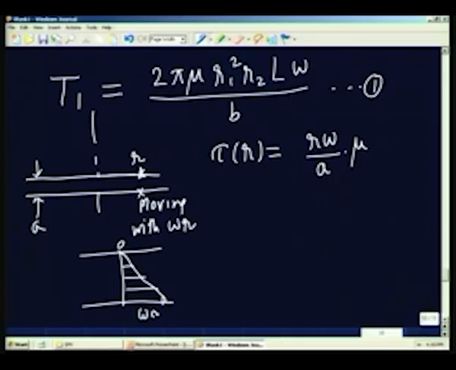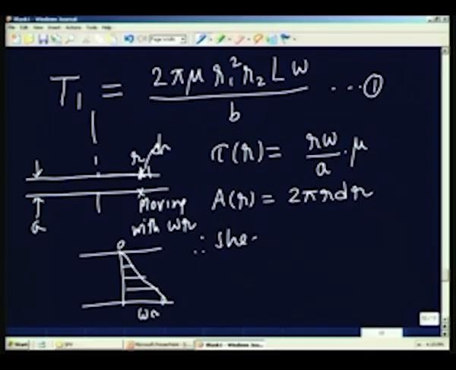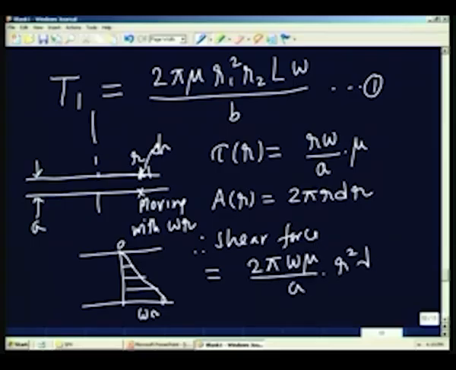And for this shear stress, we can take a small length over which this is the value of shear stress, delta r, or dr. So what is the area over which it occurs? Area as a function of r is given by 2 pi r dr. Therefore, this is like a shear force equal to tau into area, which will give you 2 pi omega mu by a multiplied by r squared dr.